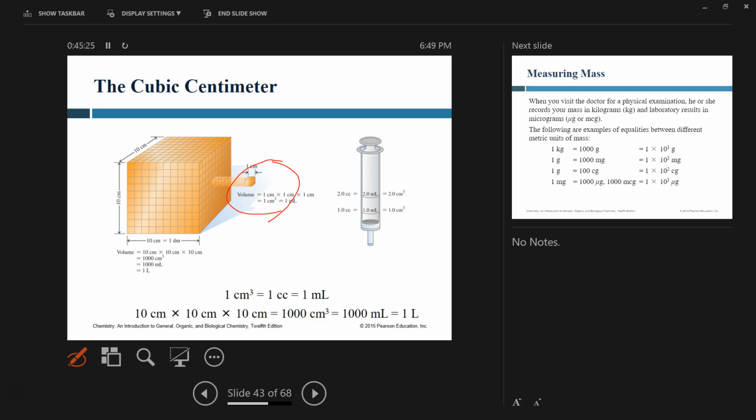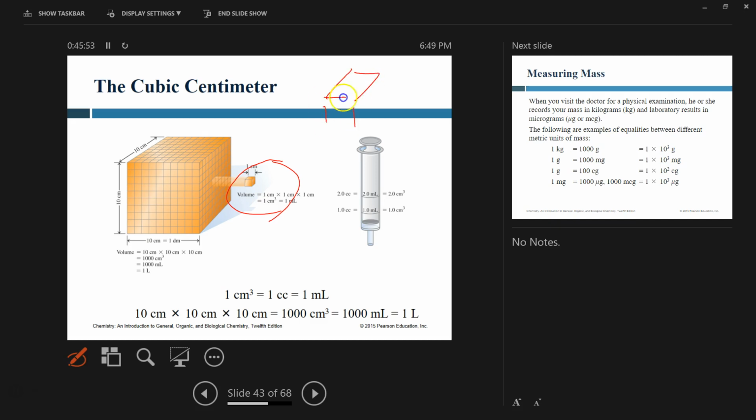Now here comes sort of a tricky part. Let's figure out how many cubic centimeters are in 1 cubic decimeter. Let's start with what we're talking about.